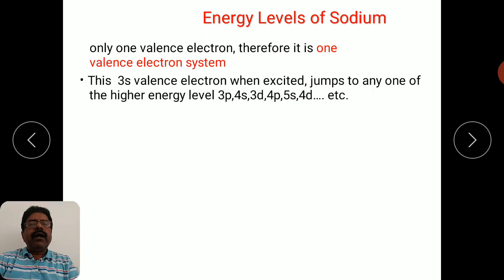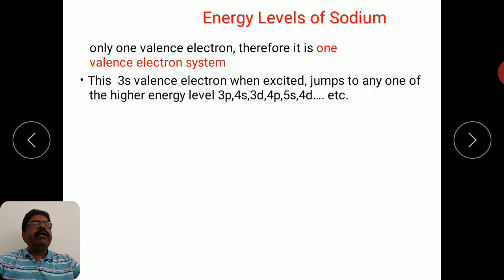So these are the higher energy levels for this 3s valence electron. When you provide any external energy by any means, this energy, when absorbed by this electron, will excite it to one of these energy levels, depending on how much energy you have provided to this particular electron.